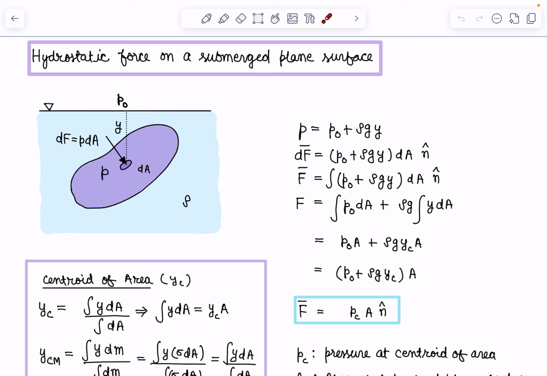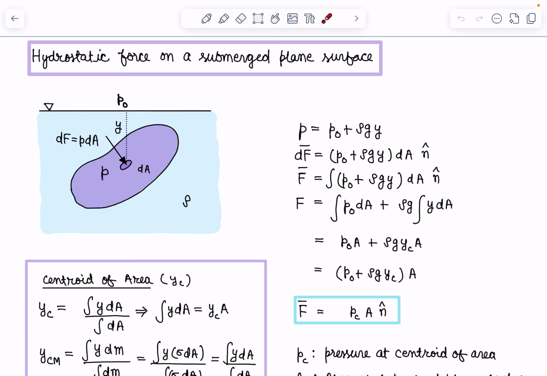So how do we find out the force on that plane surface area? First of all we must realize that the pressure at different points on this area has to be different. The pressure profile is non-uniform because different points are at different depths from the free surface, and the pressure inside the liquid is a function of its depth from the free surface.